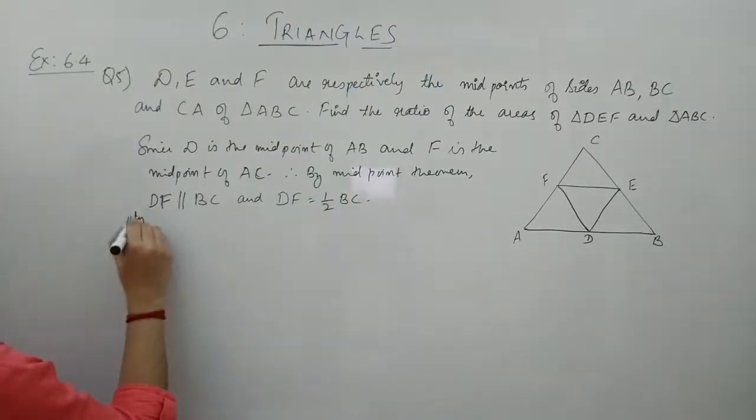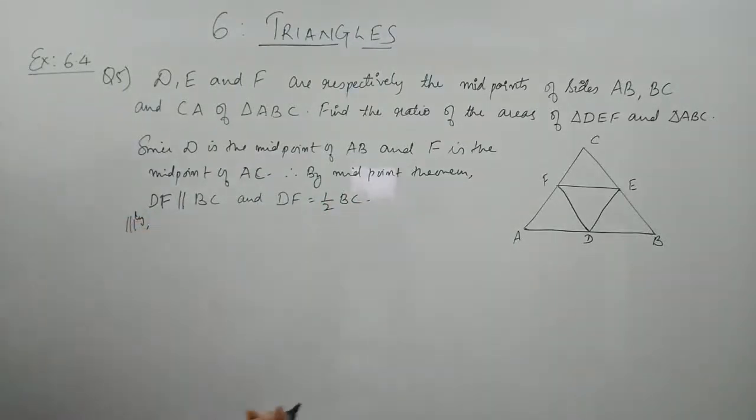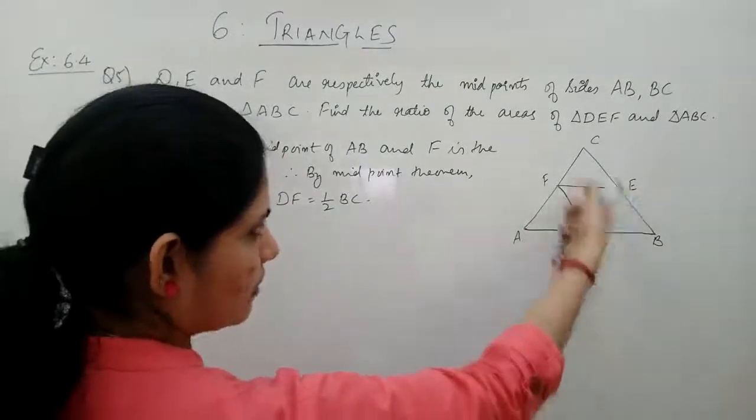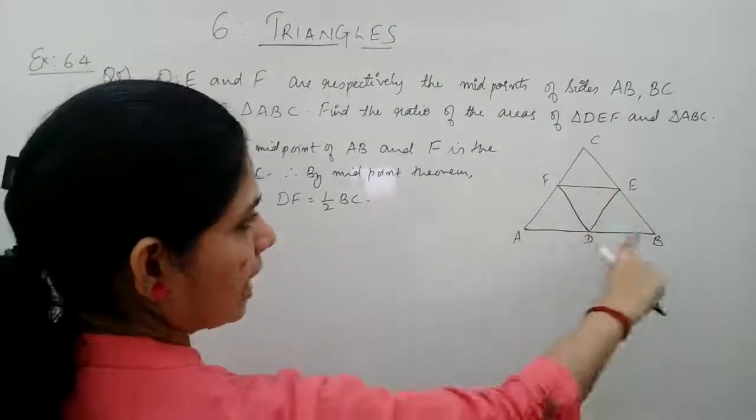Similarly, you can just say for the other sides also, that is, here we have done for DF. So we can take DE will be half of AC and FE will be half of AB.